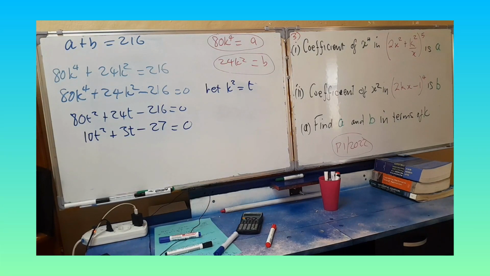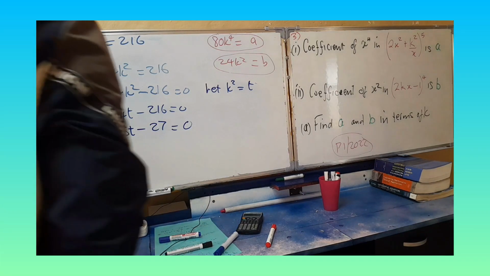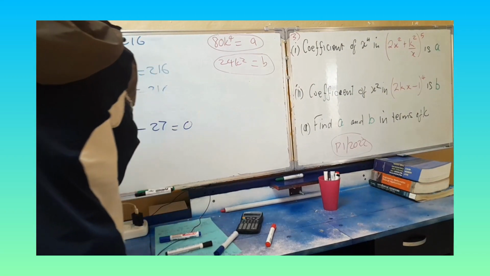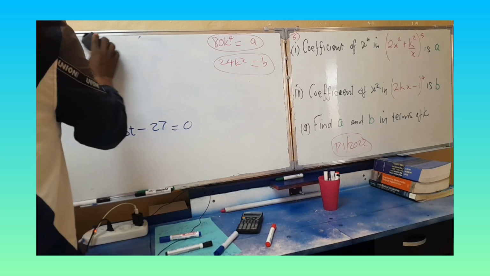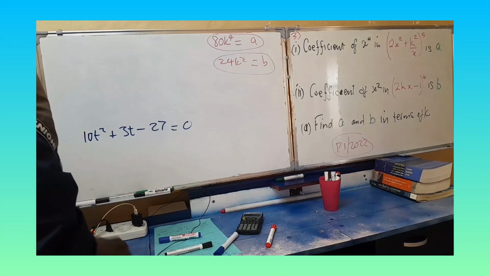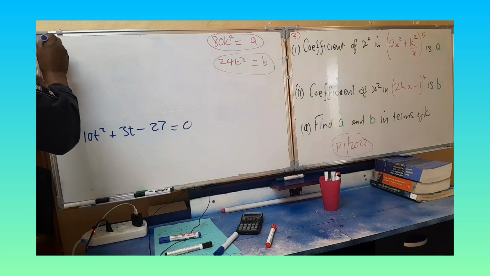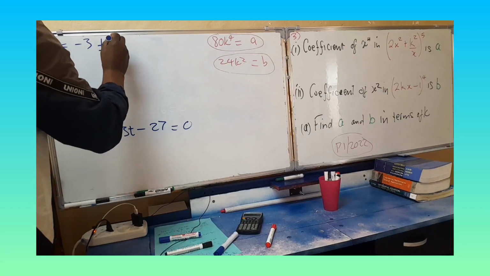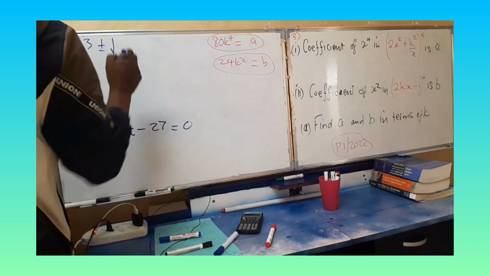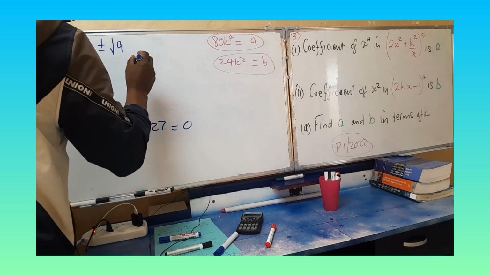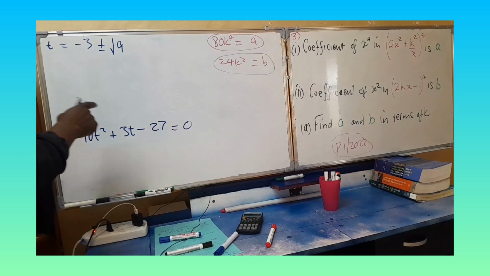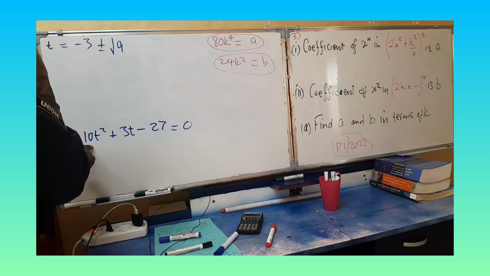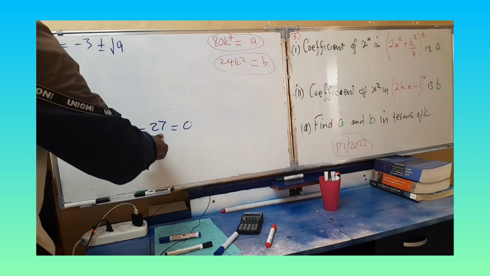Now we can use the quadratic formula, can't we? So t is equal to minus 3 plus or minus the square root of 3 squared, which is 9, minus 4ac, but this one is minus, so it becomes times 4 times minus 27.